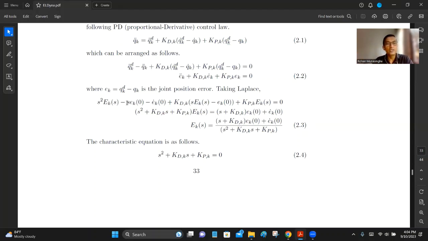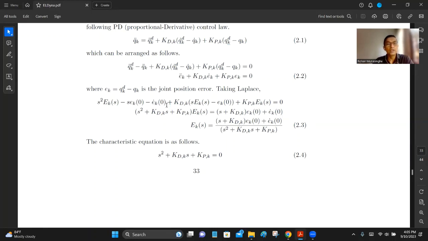Then you have the initial boundary conditions here, s times E_k(0), the initial error, minus E dot k(0), the initial velocity error. If you don't know these values, you can set them to 0. That's fine in a practical setup. But in a theoretical setup, you need them, as you see over here in 2.3.